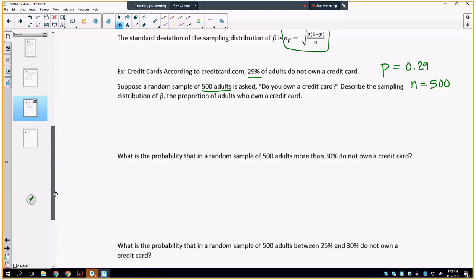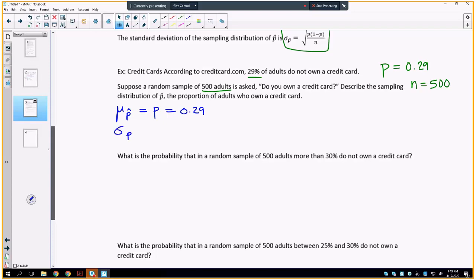Then we'll describe the sampling distribution. In order to do that, we need to find mu sub P hat. From above we're told that's just going to equal P, so that's just going to be 0.29 for our sampling distribution.